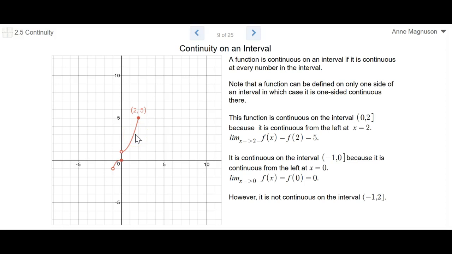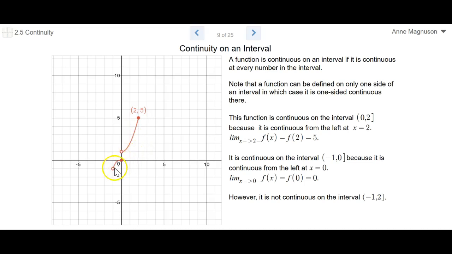So let's look at the rigorous reason why it's not continuous. Let's look at the endpoints. The limit as x approaches 2 from the left equals f of 2 because I have that filled-in endpoint. So I can say this function is continuous on the interval (0, 2], where 0 is open and 2 is defined and included.